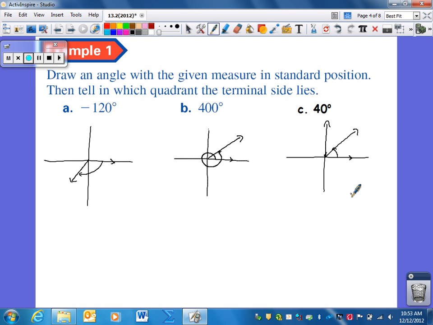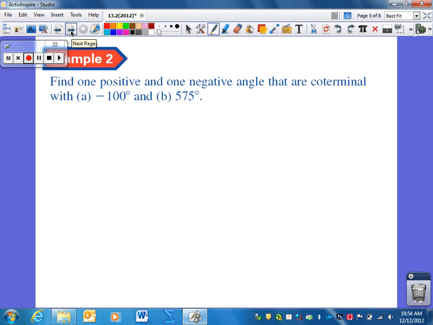All right. What do you notice about B and C? They're the same thing, so what do we call them when they're the same? They are coterminal. Yeah, I thought I heard it. Coterminal. Same spot. Now what we're going to do is you're going to list coterminal angles.